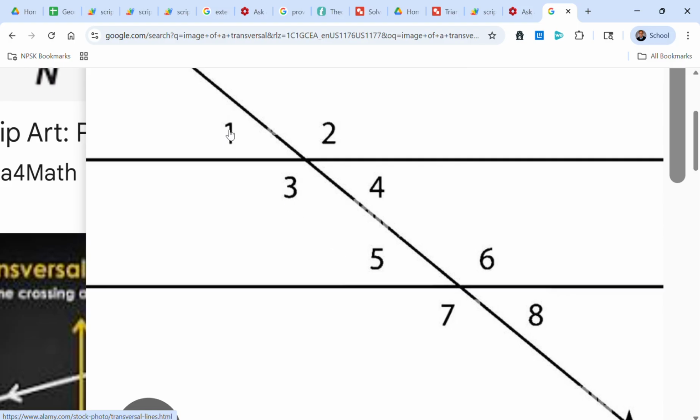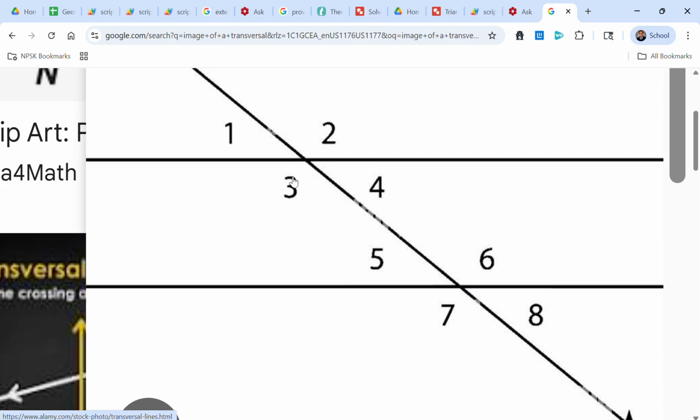Corresponding angles are like angle 1 and 5. Angles 2 and 6 are corresponding angles. The reason we call them corresponding angles is because they correspond to each other. They look equal, and we could prove that they are equal quite easily. So angle 2 and angle 6, those are equal. So those are called corresponding angles.